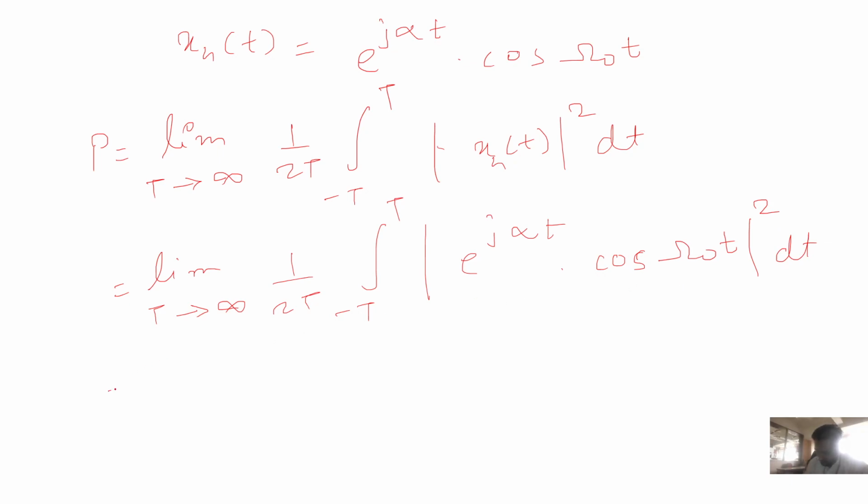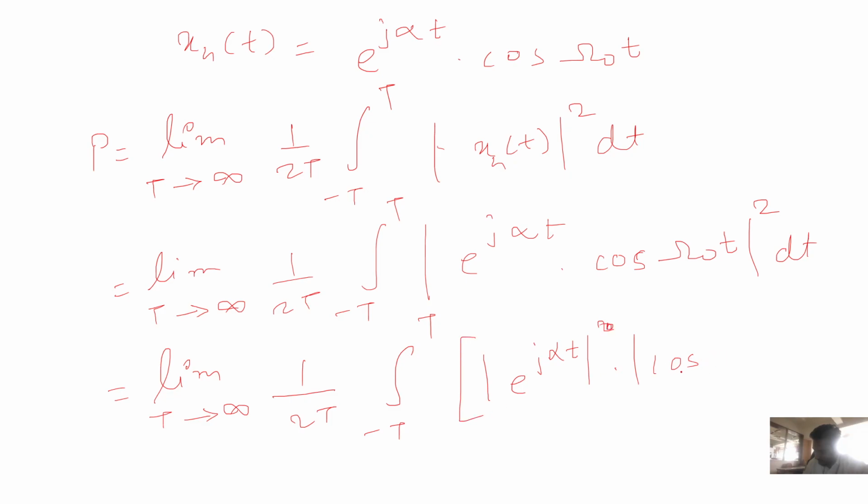I can separate the mod: limit T tends to infinity 1 upon 2T integration from minus T to T of mod of e raised to j alpha t, its square, into mod of cos omega 0 t, its square, dt.